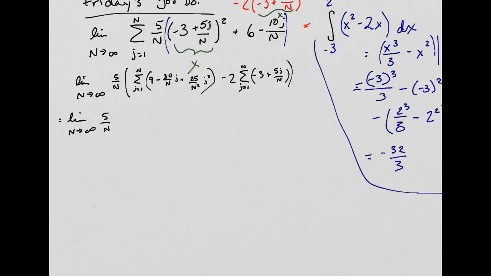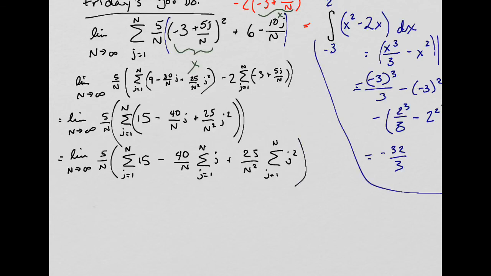I'm going to just rewrite this, so press pause. So I distributed and combined like terms, so this 9 and then plus this negative 3 times this negative 2 to get plus 6, so that's 15. And then I combined this term with this term, but this was actually 5j over n times negative 2. So that's minus 10j over n, which gives us negative 40j. And now I'm going to separate it out.